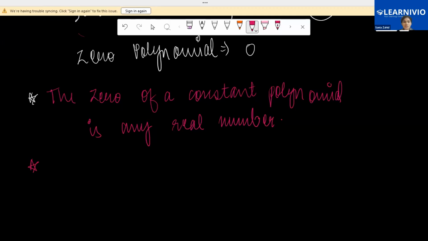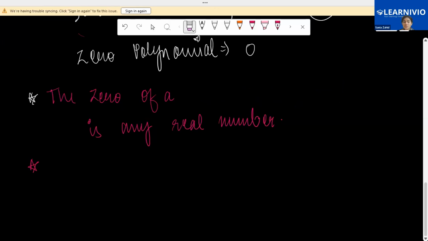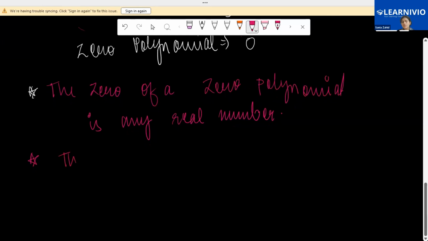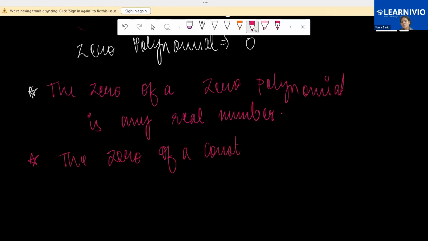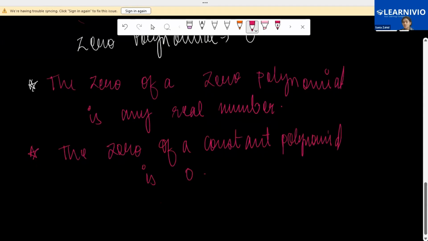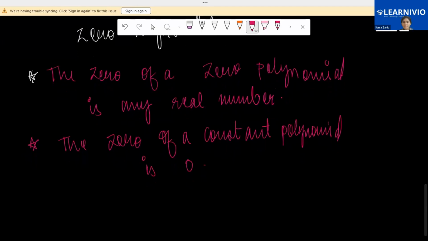Oh, children, here it should not be constant polynomial. Here it should be zero polynomial. I'm sorry. The zero of a non-zero constant polynomial is any real number. And what is the zero of a zero polynomial? 0. Just remember these 2 points. Quickly note them down.